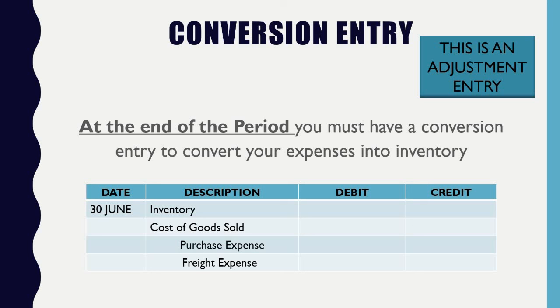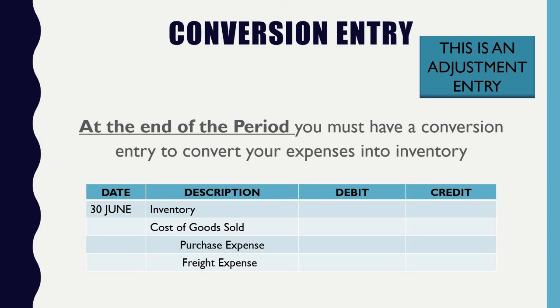Exactly. We can't dump them all into inventory, so we have to split it up and say that, well, we sold 120 of those items, but we still have 80 remaining. Okay? So that's exactly where this journal entry comes from. We're essentially taking our bucket of purchase expense, and now we're dumping it into our inventory bucket and our cost of goods sold bucket, right?